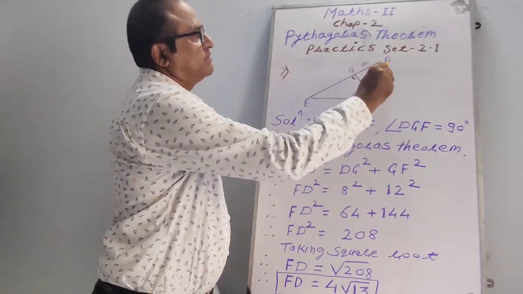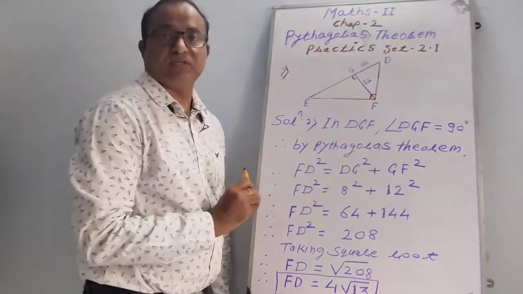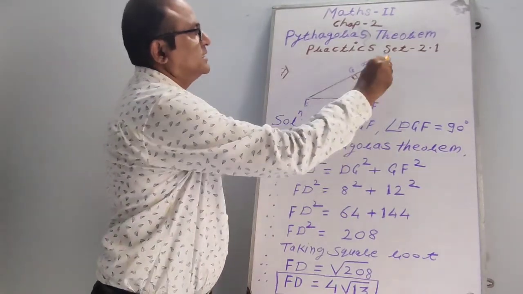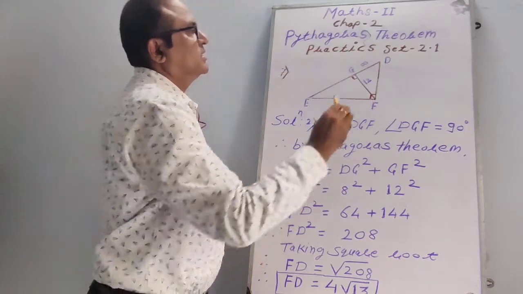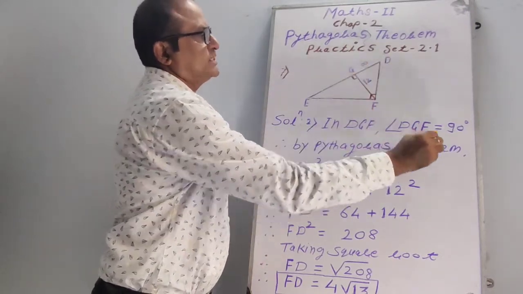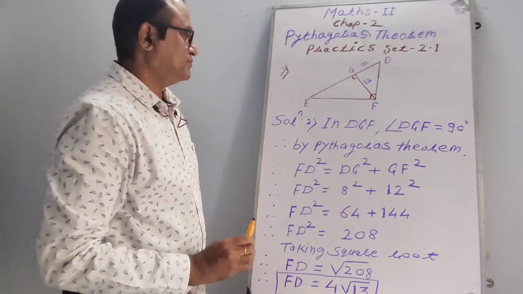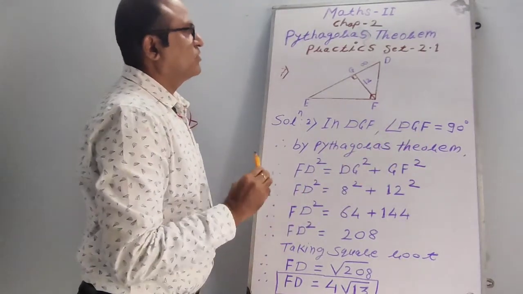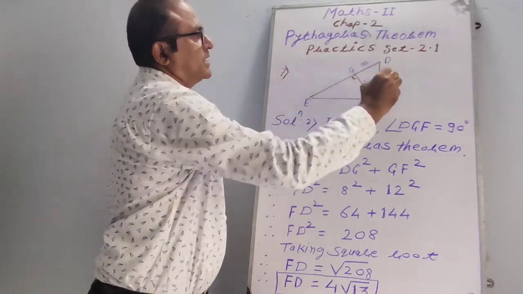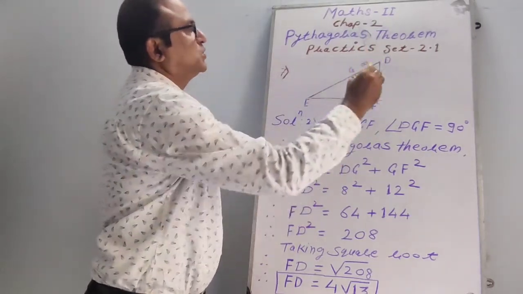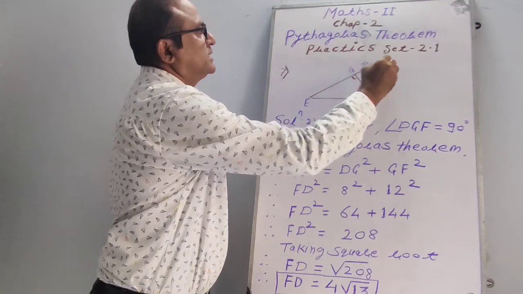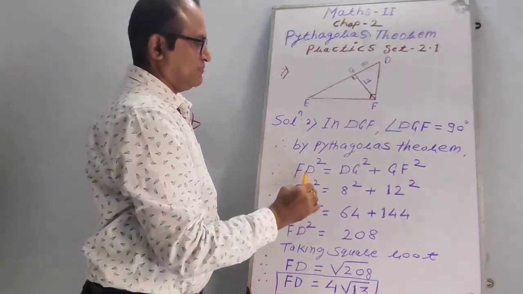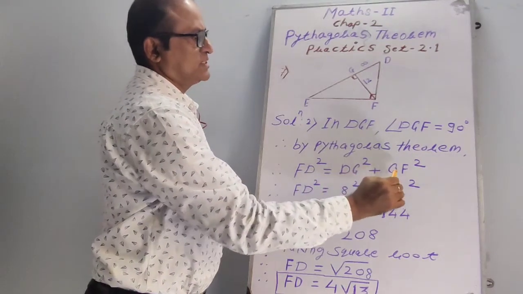From the diagram, DF can be found by Pythagoras. In triangle DGF, angle DGF is equal to 90 degree is given. By Pythagoras theorem, FD square is equal to DG square plus GF square.